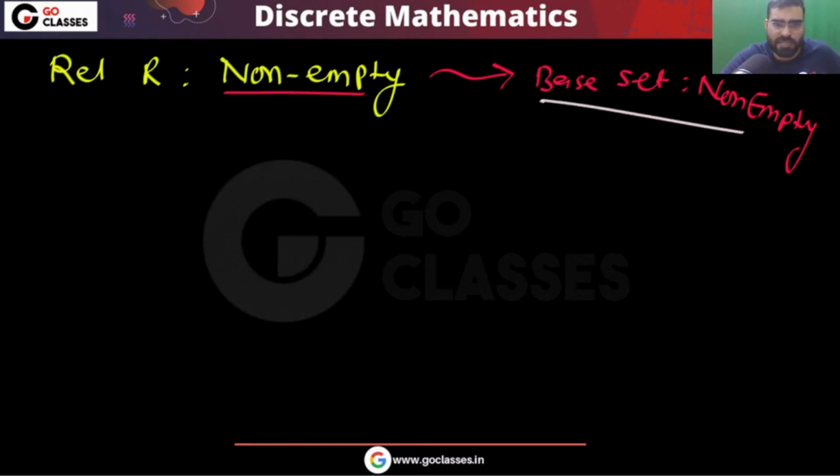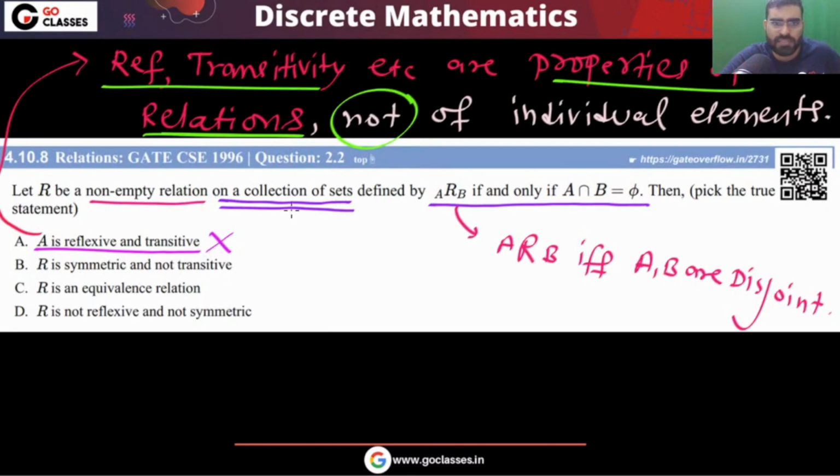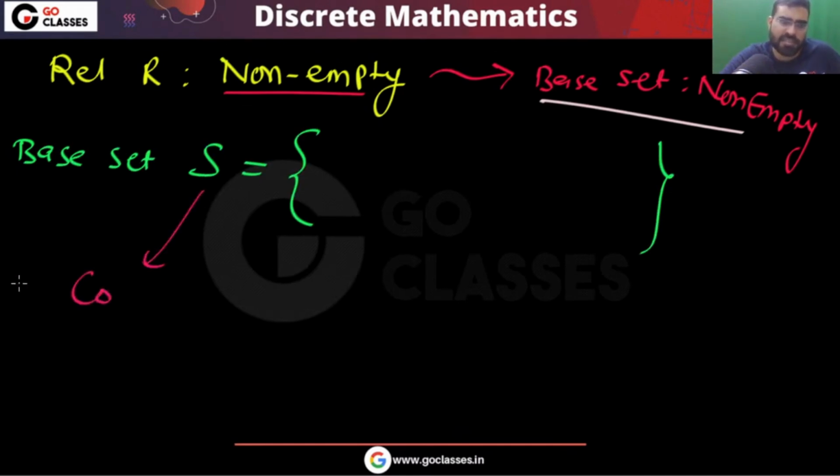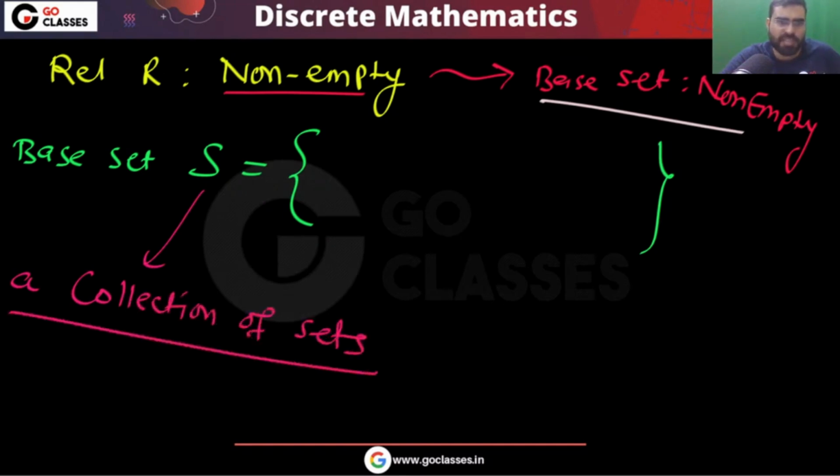Now you have a base set, a collection of sets. Let me call the base set S. This is a collection of sets.